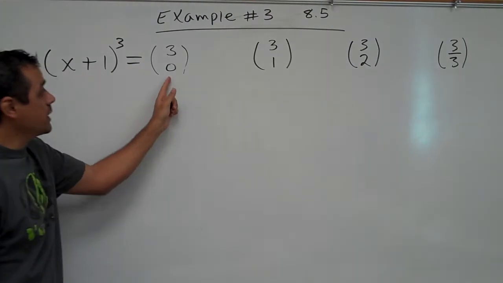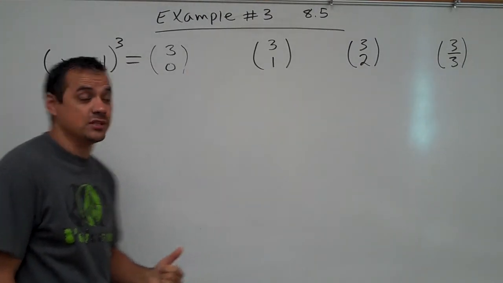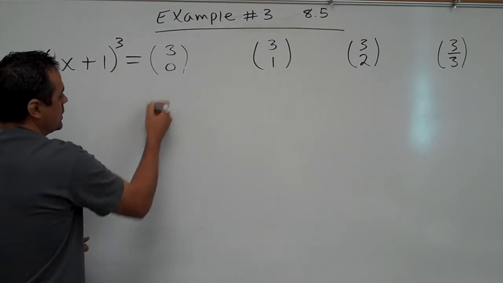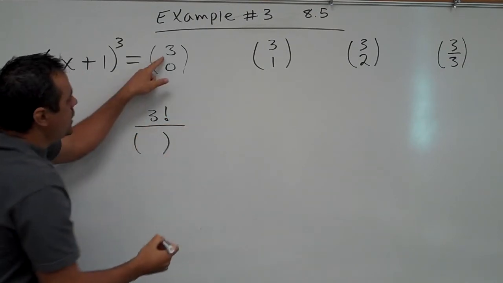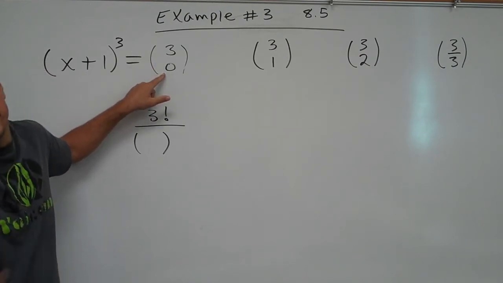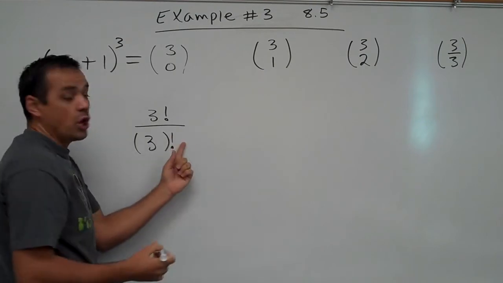So now, let's work each of them out individually, just like you did with Mr. McCaffrey in the previous example. So here we go. Let's work this one now. This one is 3 factorial over 3 minus r factorial, right? 3 minus r. Well, 3 minus 0 is 3. So this is 3 factorial times r factorial.